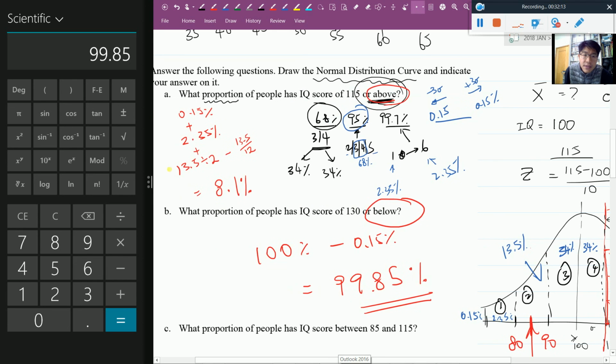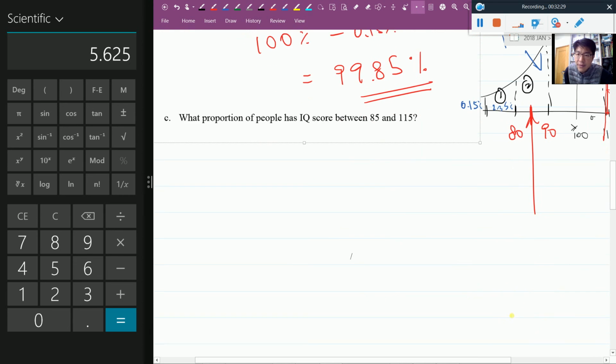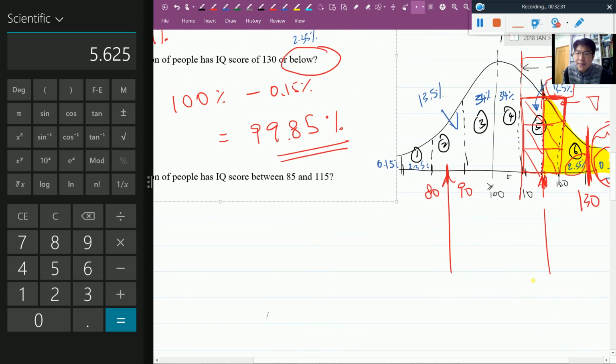According to that, just do it again. 13.5 divided by 2 minus 13.5 divided by 12. That region is about 5.6%. Remember this.